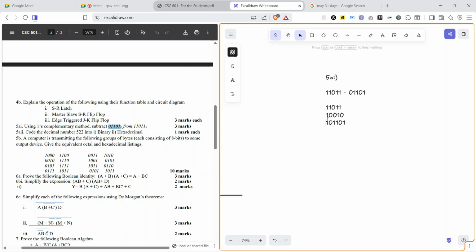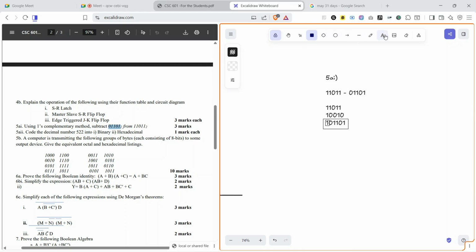So this is going to be what your result will be. After you've gotten this, you are going to carry this leftmost bit, and add it to the whole result that you've gotten.